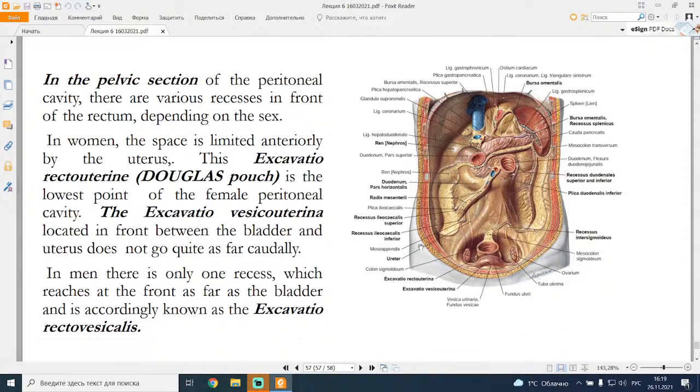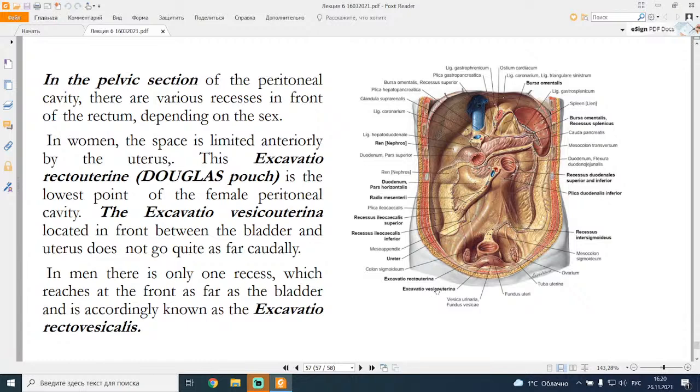In the pelvic section of the peritoneal cavity, there are various recesses in front of the rectum depending on the sex. In women, the space is limited anteriorly by the uterus. This excavatio recto-uterina is the lowest point of the female peritoneal cavity.